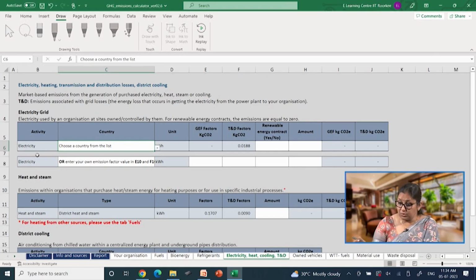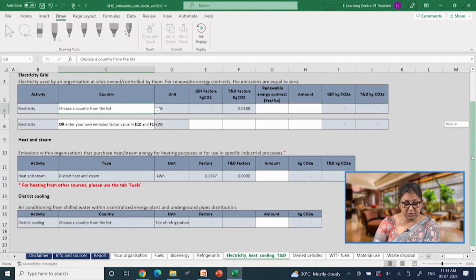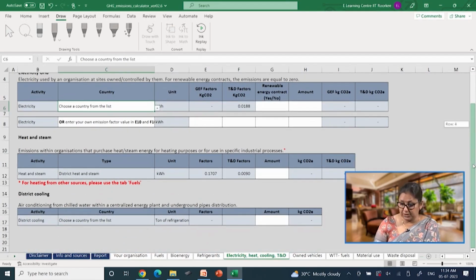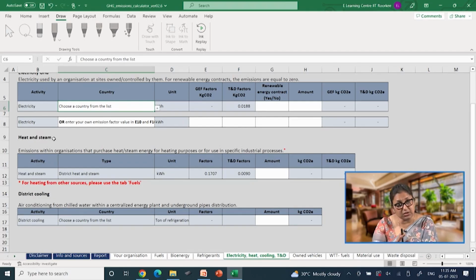There is also a possibility that we can have our own emission factor put in. Then how much heat and steam is purchased, in case it is supplied centrally and only heat and steam is being purchased, or if only cooling is being purchased from district cooling. So, all these three we put in. The transmission and distribution loss T&D factors are already factored in. It adds it automatically in case there are renewable energy contracts.